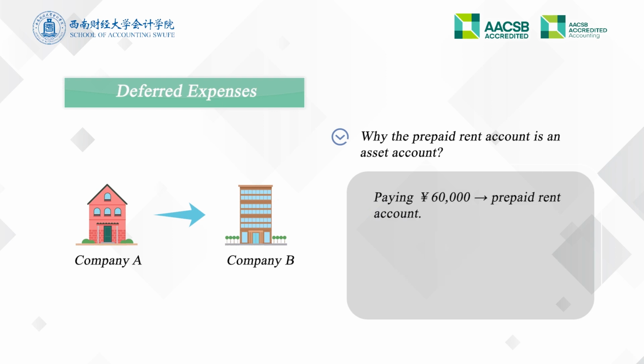The action of paying 60,000 yuan is to transfer the cash to prepaid account, just like converting from one asset to another asset. And this asset account, meaning prepaid rent account, will decrease gradually after company A used the office.